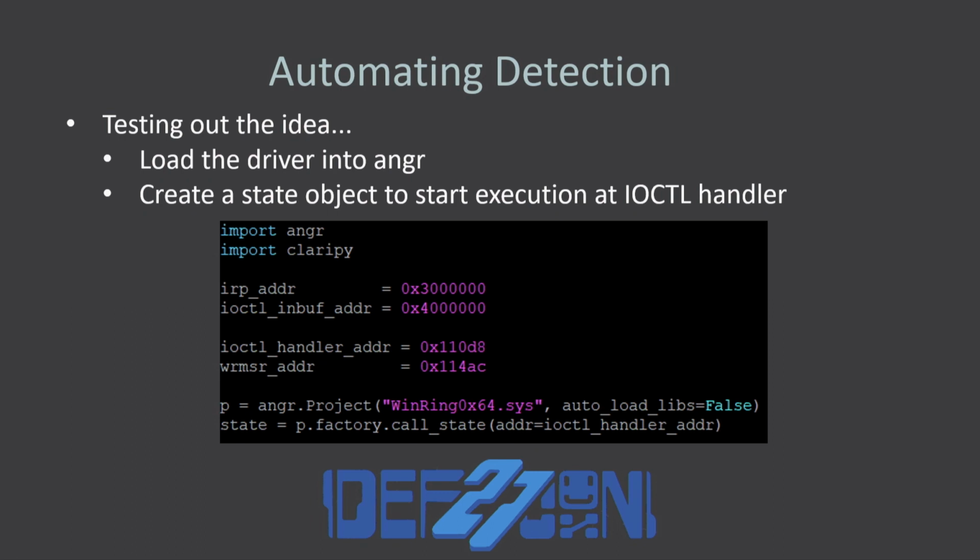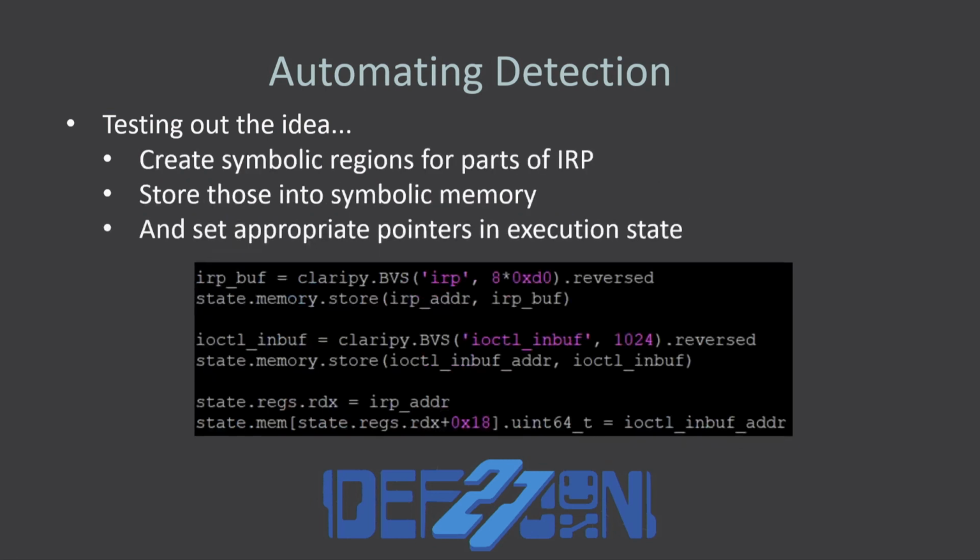Essentially, you just need to load the driver into angr. In this case, we don't care about libraries, so we won't load libraries, and then we create an angr execution state object that starts execution at the IOCTL handler, the dispatch function.